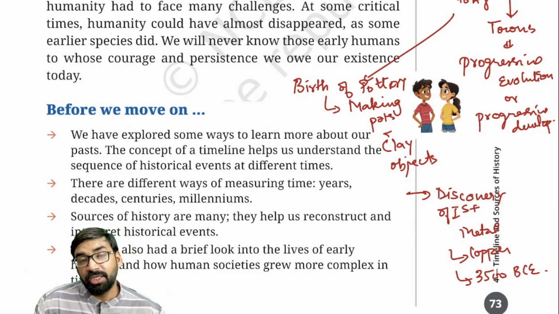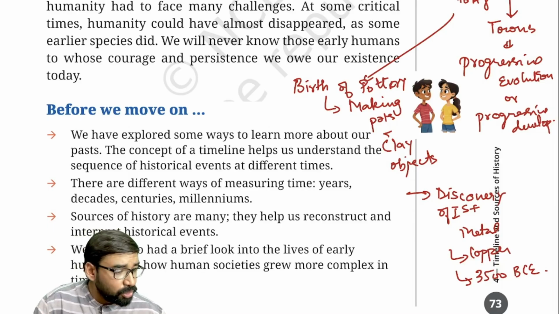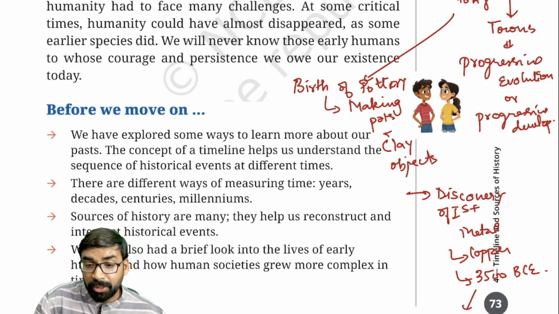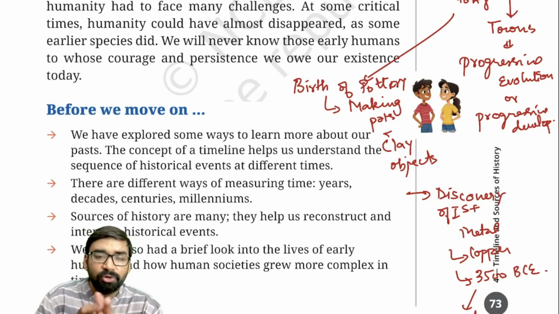Copper was discovered in around 3500 BC. It was the first metal which got discovered. And then you will see the second important metal was iron. Iron was discovered around 1000 BC. So these things are very important. I hope this much is clear to all of you.